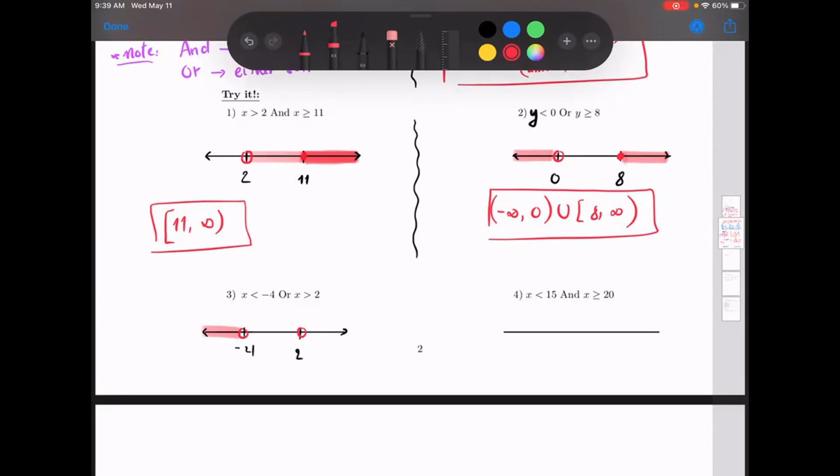Number 4 is okay, but number 3, yeah, I messed it up. It's supposed to be positive 4 and negative 2. Sorry about that, guys. So negative 2 here, and then positive 4 here.